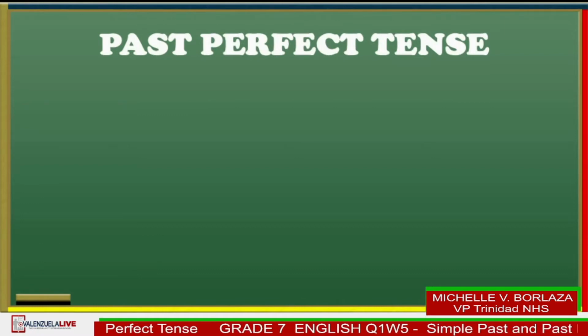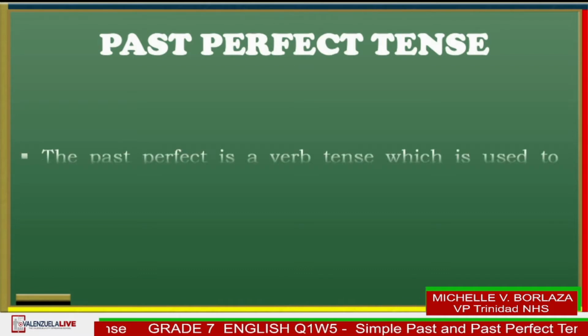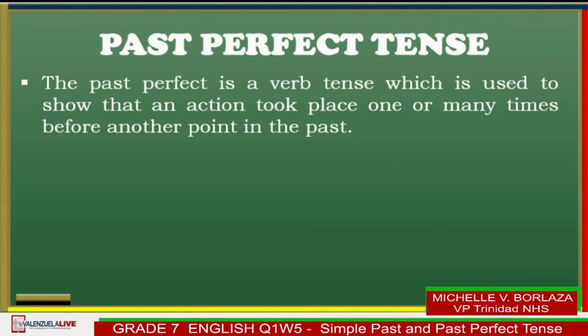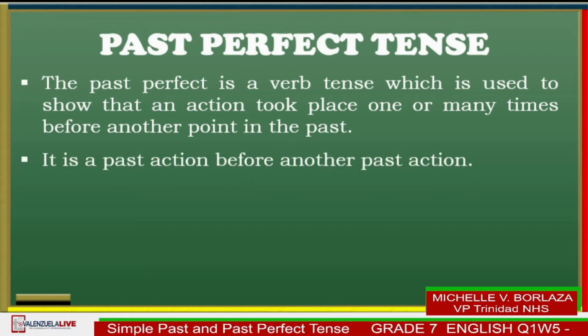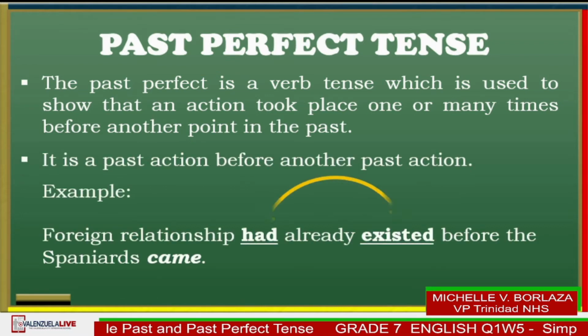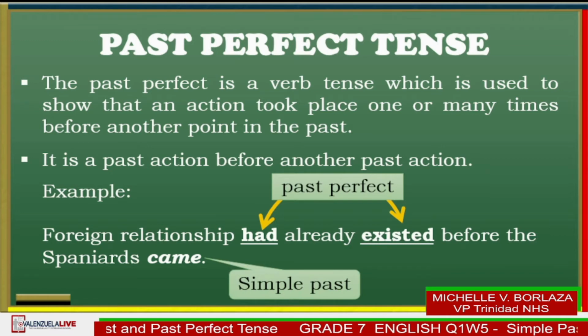Let's now proceed with past perfect tense. The past perfect is a verb tense which is used to show that an action took place one or many times before another point in the past. It is a past action before another past action.